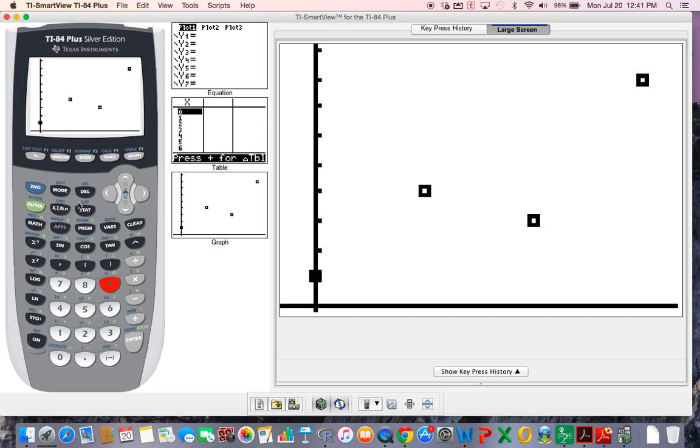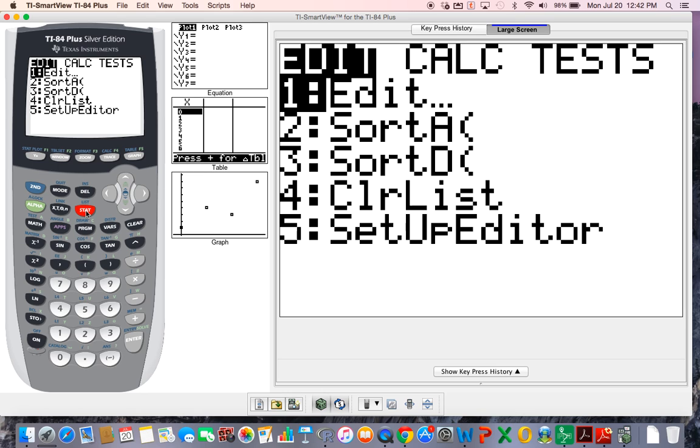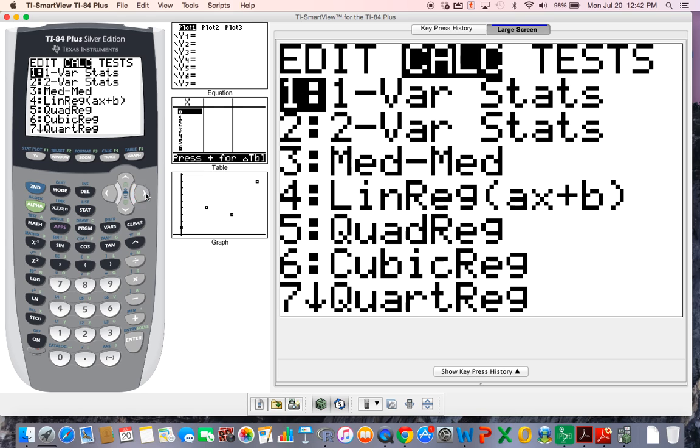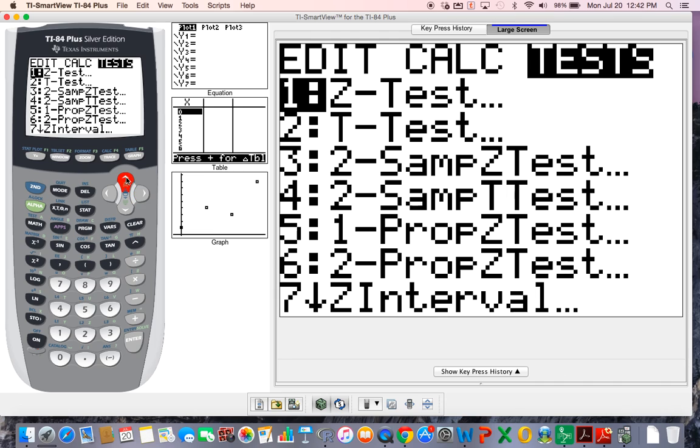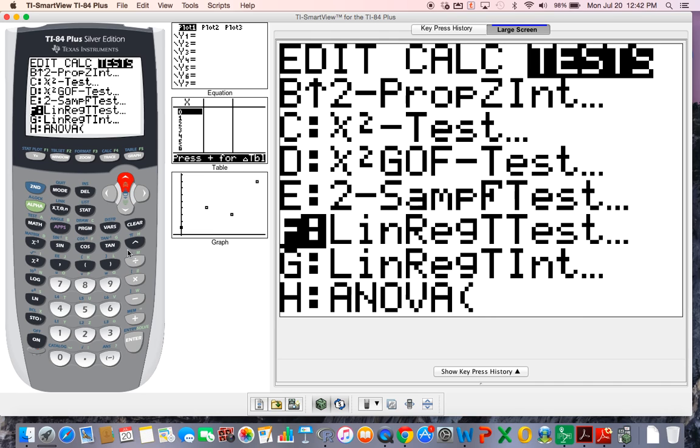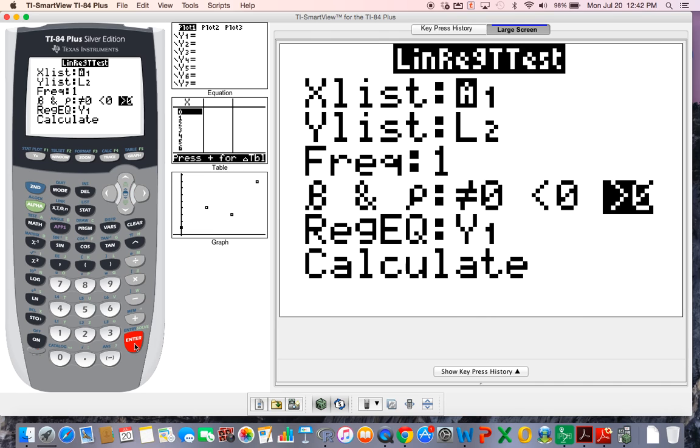Now, we can better examine the relationship between x and y by fitting the linear regression model, the line of best fit, as we've called it before, to the graph. The easiest way to do that is come over to Test, come to LinRegTTest, make sure we've got L1 and L2. That needs to be 1.